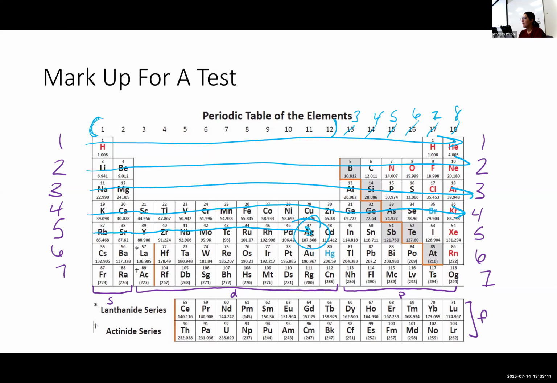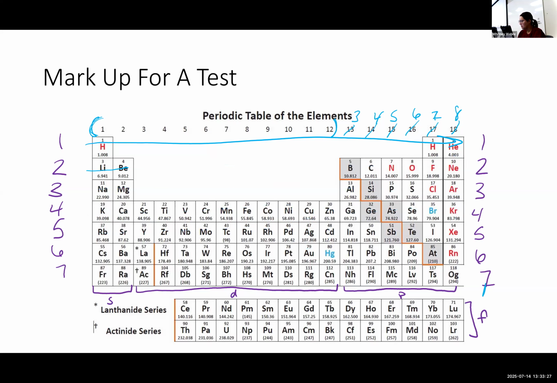That's how you can set yourself up on the exam to help you if you don't have it memorized. So I definitely recommend having these rows on both sides to really double check your numbers. Any questions on that?